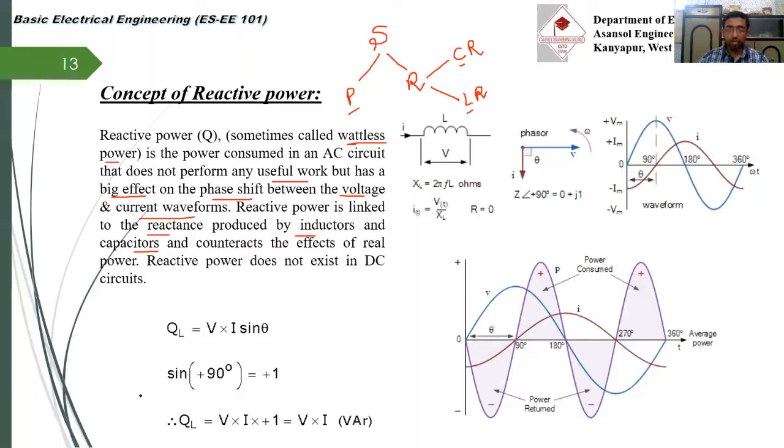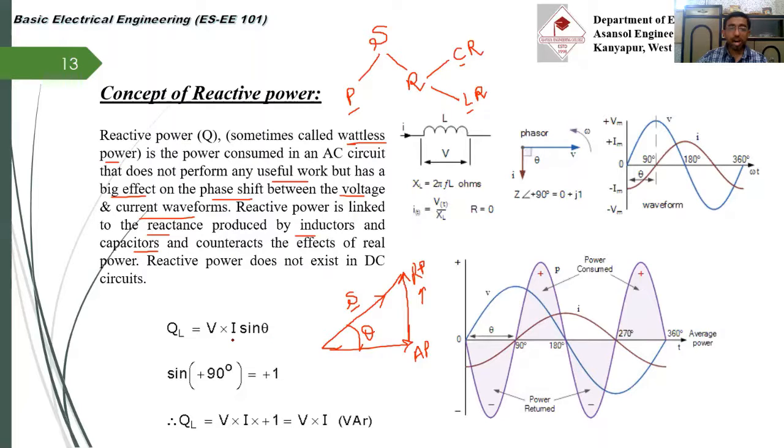Clear? So this is our active power. This is our reactive power in the y-axis. So what is our total apparent power? This, correct? Now this is S and this angle is theta. So the sinusoidal component of this S is called the reactive power, according to the trigonometrical rule.